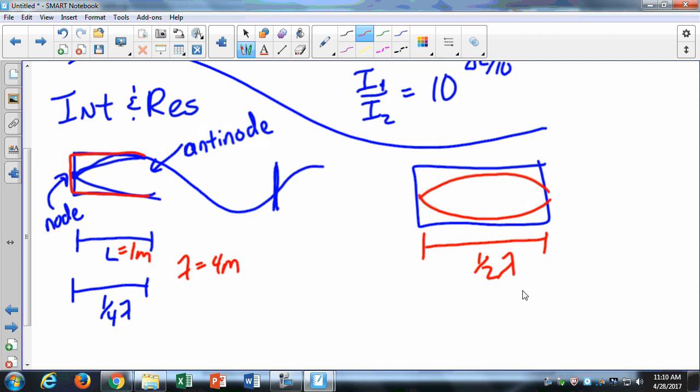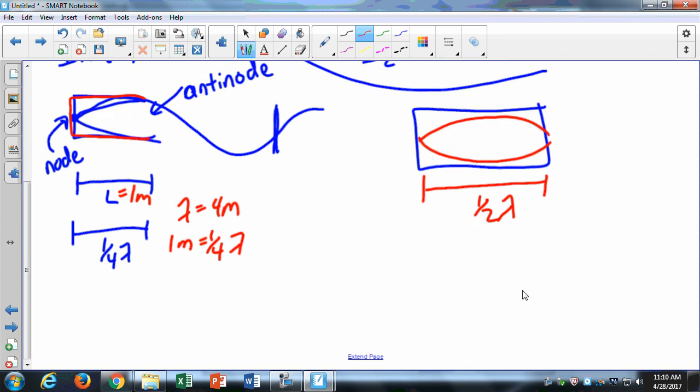I know that because 1 meter is equal to a quarter wavelength, as I draw right here in the first frequency, and so I solve that for lambda, and the wavelength of that wave is going to be 4 meters.